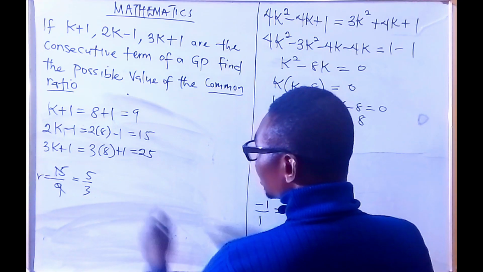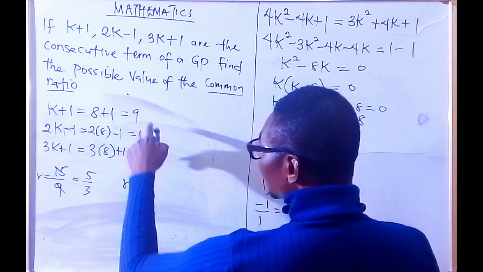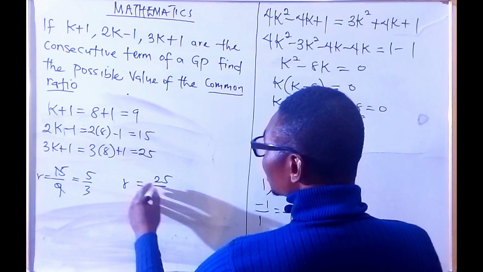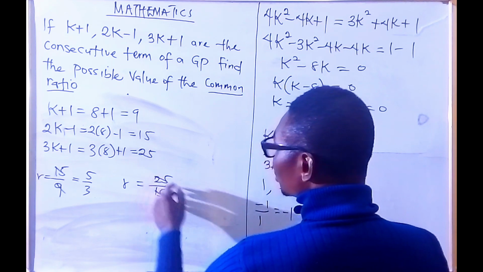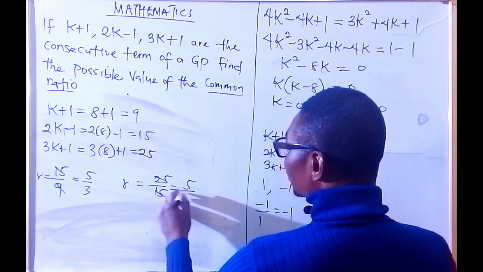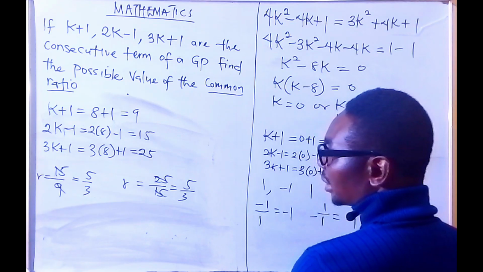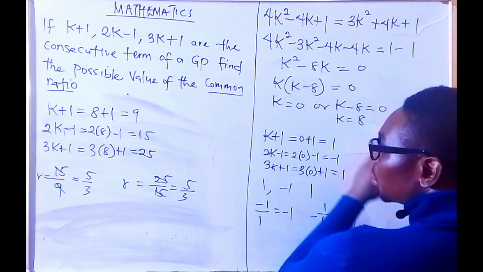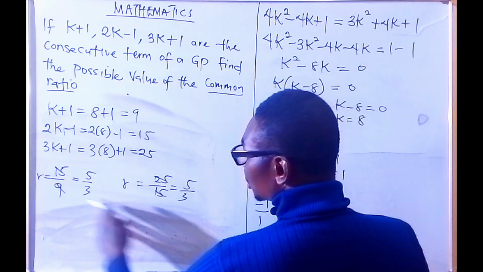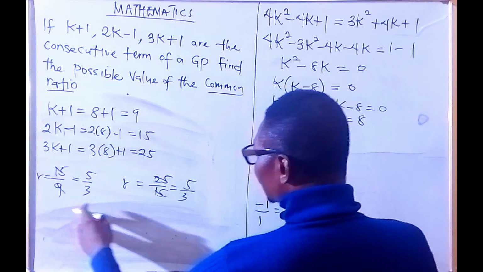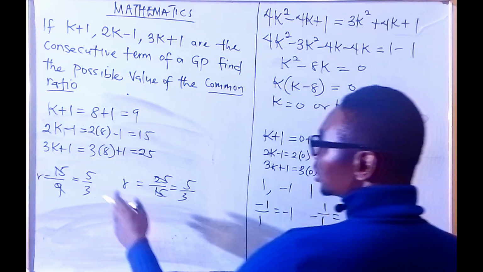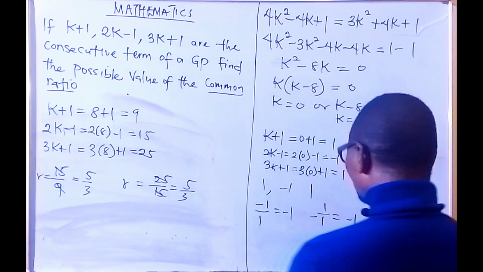Then for the third term, we have 25 divided by 15. If you reduce to the lowest terms, you are still going to get 5 over what? Over 3. It means that when k is equal to 8, the common ratio is 5 over 3, all true.